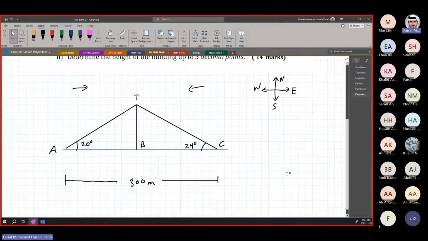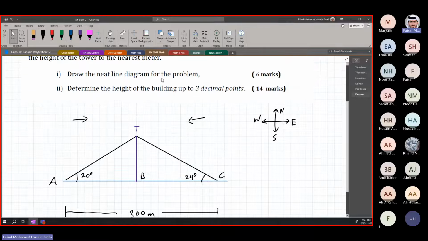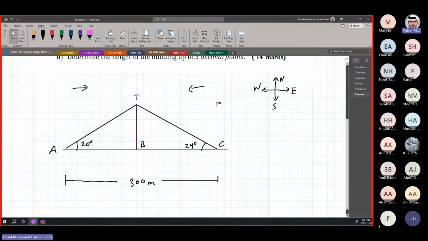Okay, now the first thing was to draw the neat line diagram for the problem. This is it, simply. I put the distances and defined all of this, and we need to define the variables. Let's call the tower height h. This is the height of the tower, and let's call one of these distances x. Say AB is x, or BC is x, it doesn't matter which one.